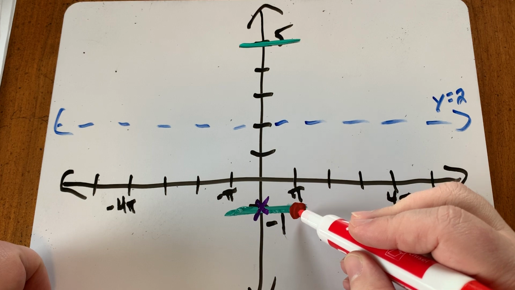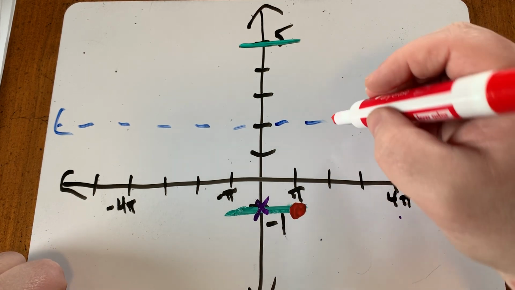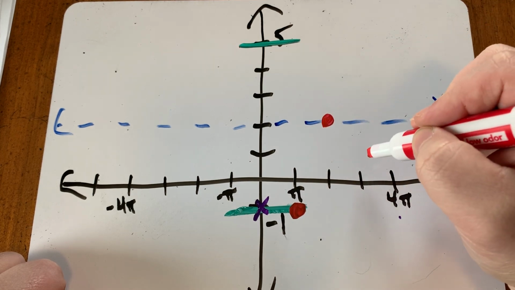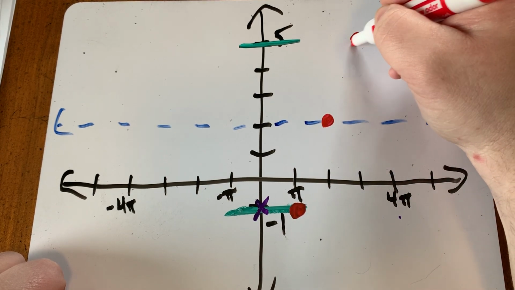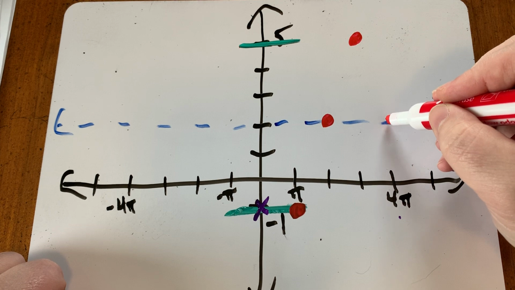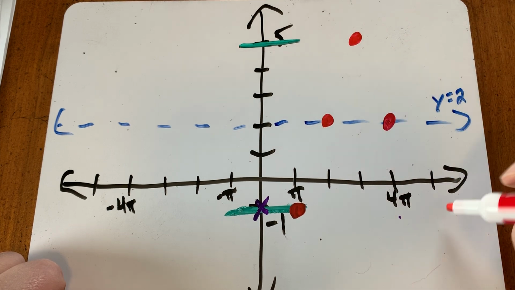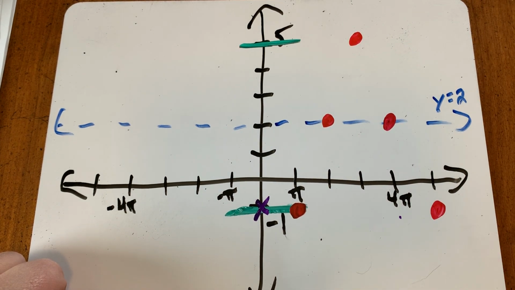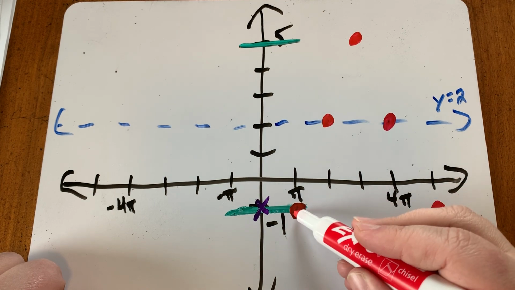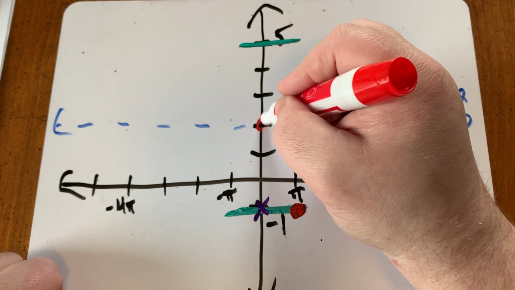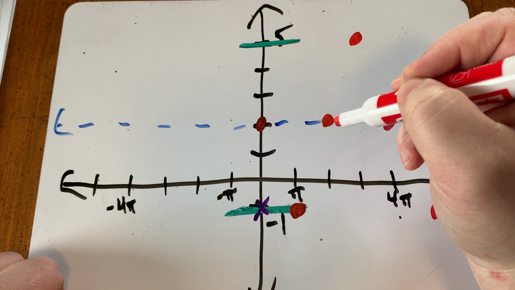So we have minimum there, and then a quarter of a period later, pi, we're at the axis. And then a quarter of a period later, we're at the maximum. A quarter of the period later, we're at the axis. A quarter of a period later, we're at the minimum. And then going backwards from minimum, a quarter of a period before, we're at the axis.